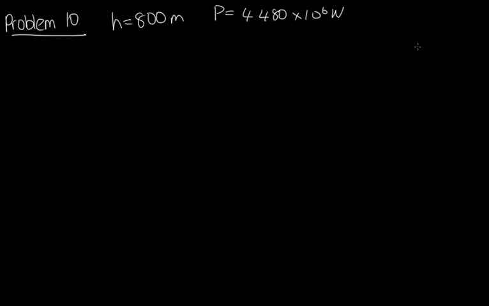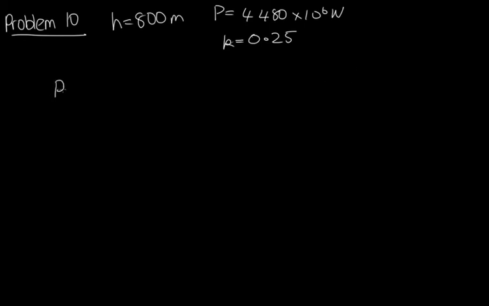Assuming that 1/4 of the gravitational potential energy of the river is converted into electrical energy, so the efficiency is equal to 25% or 0.25, that's 1/4. We're asked what is the volume flow rate of water through the snowy mountain scheme.